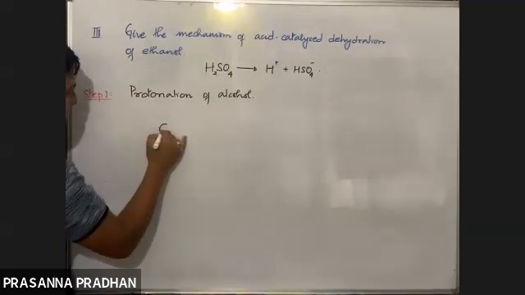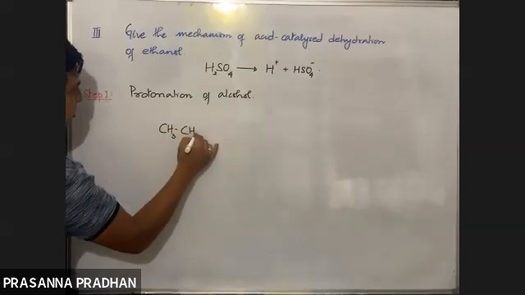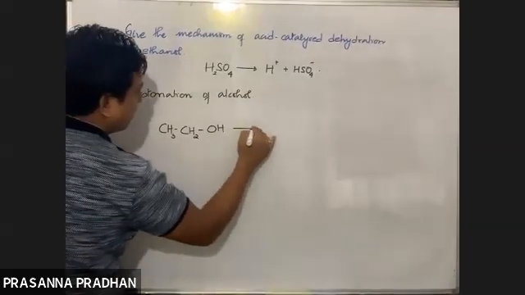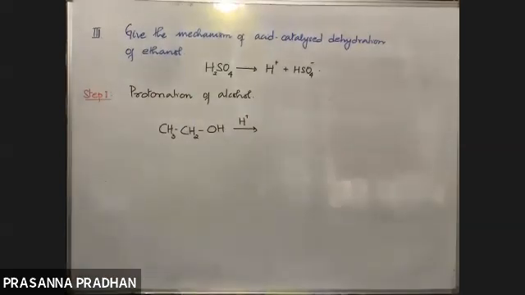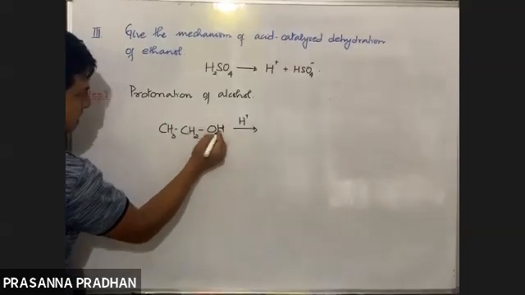So how does protonation of alcohol occur? Now see, CH3, CH2. So listen very carefully. I have OH out here. This proton. How many lone pairs are there on oxygen? Oxygen contains how many lone pair of electron? 2. Good, 2. It is supposed to have 6 electrons, so two electrons are used in bonding.